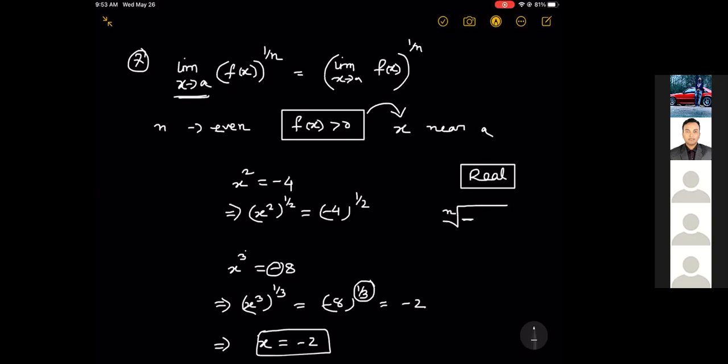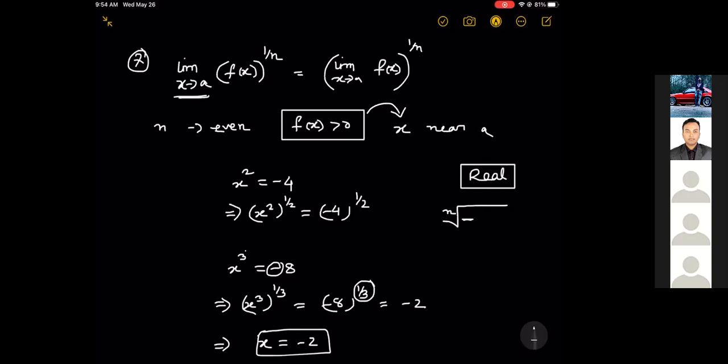And the rational function says if you have a fraction, you can plug in the value x is approaching, as long as your denominator doesn't become 0.